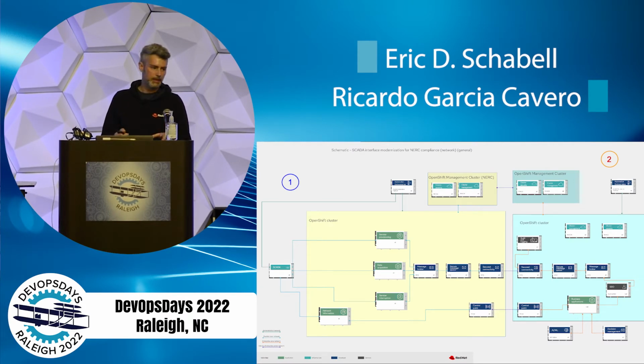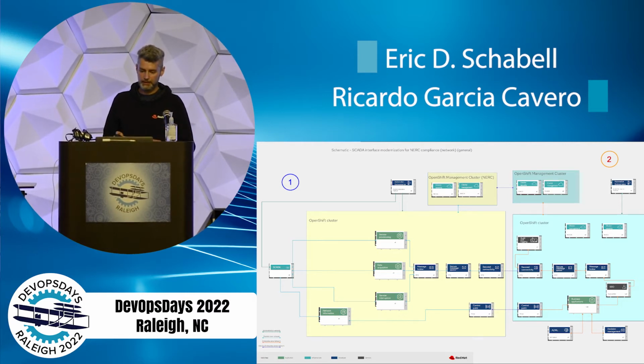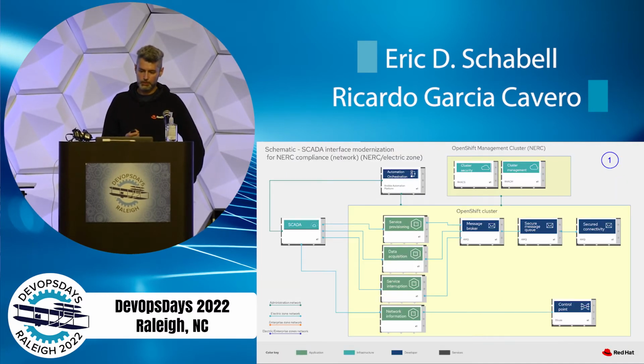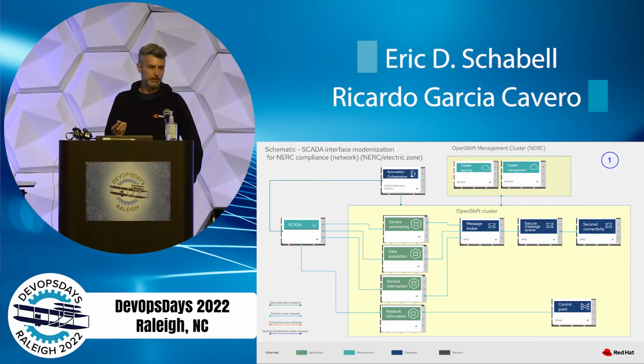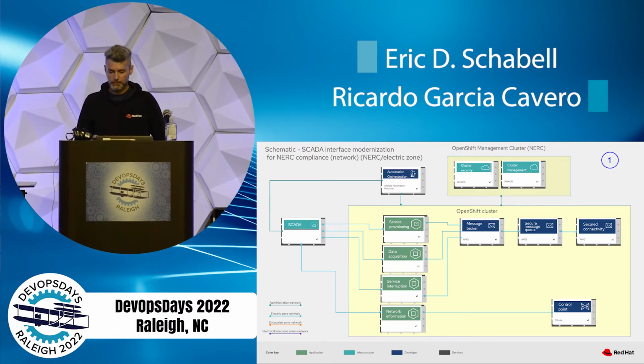And here is the more detail that we were talking about. We zoom in and we go to more detail. Here we can see both zones with both OpenShift clusters, and we'll zoom in to zone 1 as well and see what we have seen in the logical diagram, but with the actual implementation. So here we see that it's an OpenShift cluster. For the message broker, we have implemented AMQ, as well as for the secure message queue and for the secure connectivity.